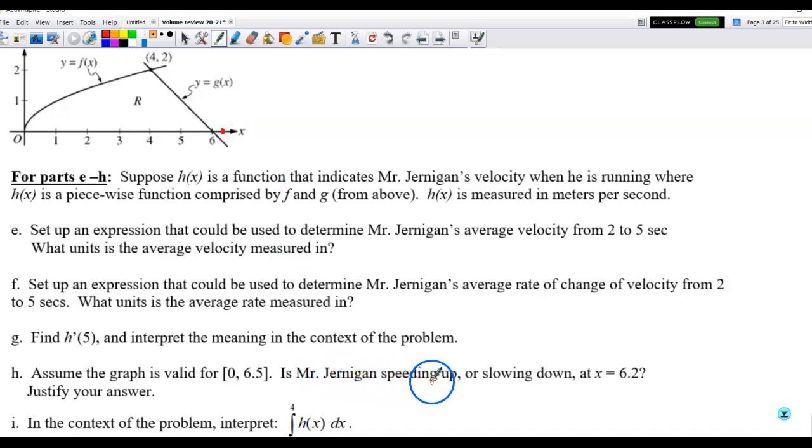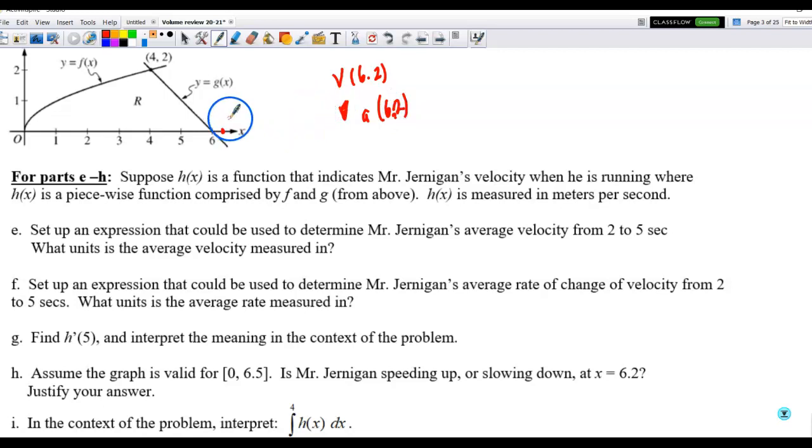Is Mr. Jernigan speeding up or slowing down at 6.2? Now remember, to determine if a particle, in this case Mr. Jernigan, is speeding up or slowing down, we need to know the sign of velocity at 6.2 and the sign of acceleration at 6.2.